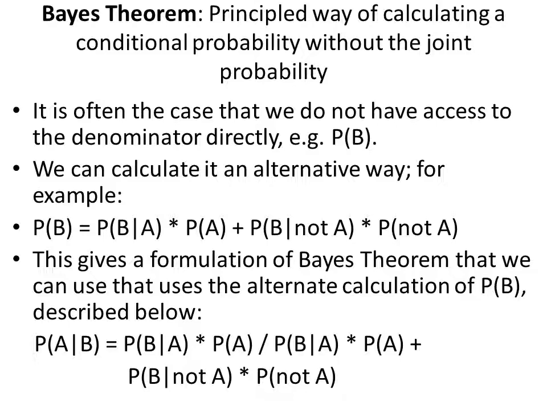Probability of event A given event B equals probability of event B given A multiplied with probability of event A, divided by probability of event B given event A multiplied with probability of A plus probability of event B given not of A multiplied with probability of not of A.